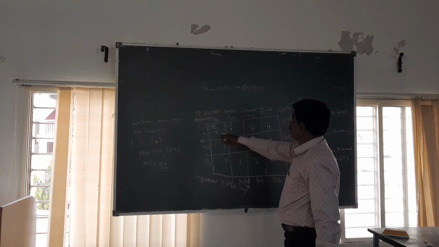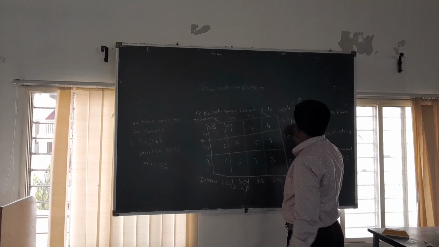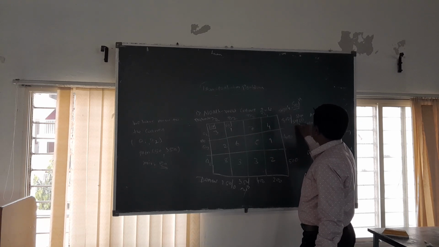This first row is exhausted, as the total supply is 0.